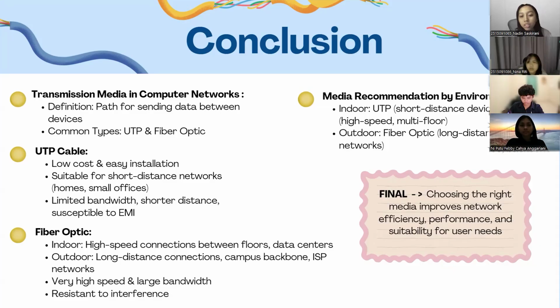For the media recommendation by environment, indoors we usually use UTP cable for short distance devices, or we can use fiber optic for high speed and multi-floor. Outdoors, we can use fiber optic because of its long distance backbone networks.